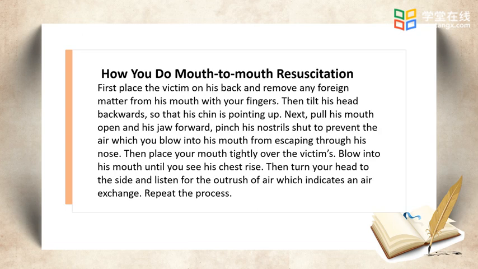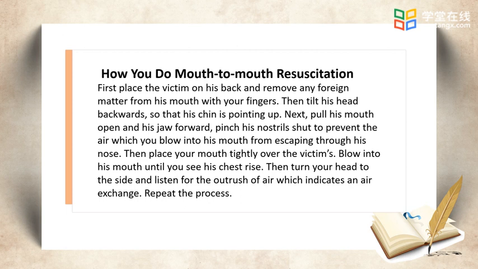First, place the victim on his back and remove any foreign matter from his mouth with your fingers. Then, tilt his head backwards so that his chin is pointing up. Next, pull his mouth open and his jaw forward. Pinch his nostrils shut to prevent the air which you blow into his mouth from escaping through his nose.